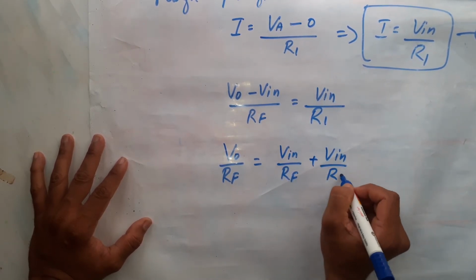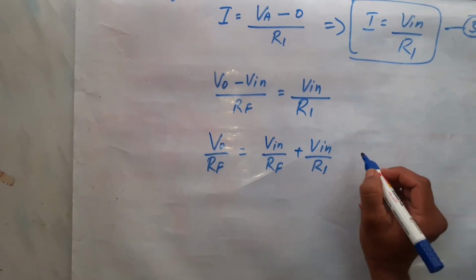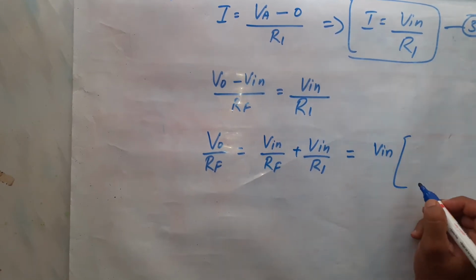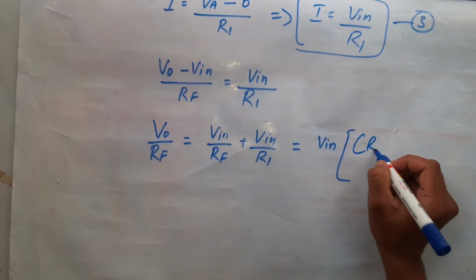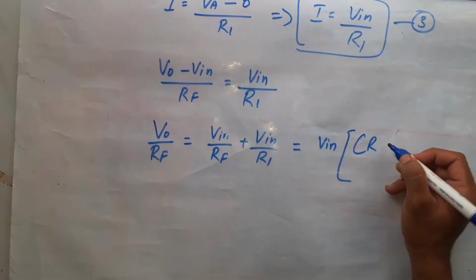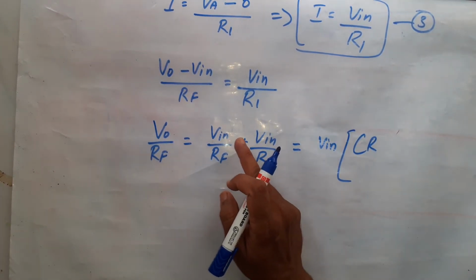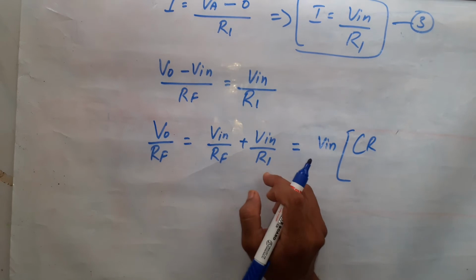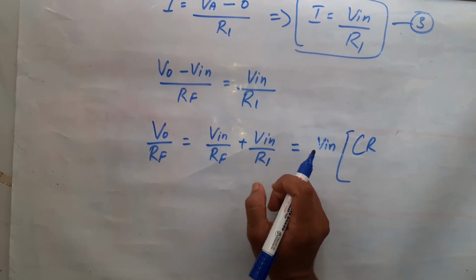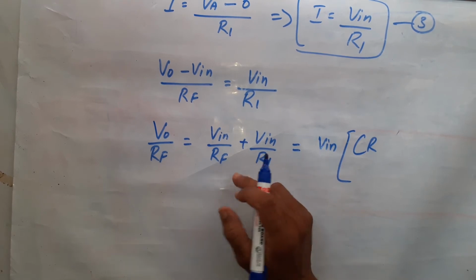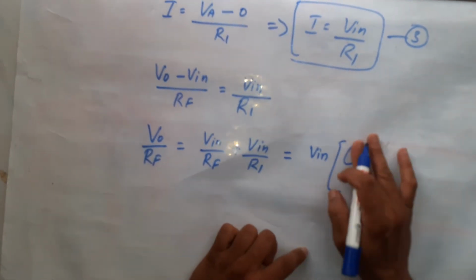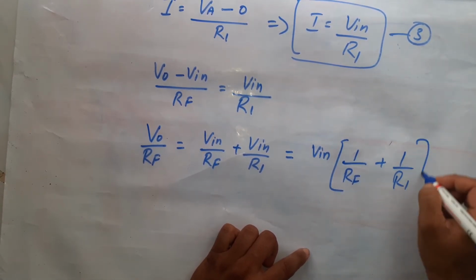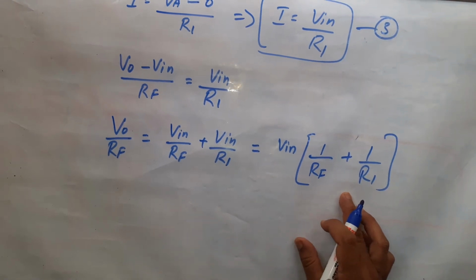So this can be clubbed as Vin is common. I can write this as Vin common. Now if I take this common, it becomes 1 by RF plus 1 by R1. We write like this for a parallel combination, right?